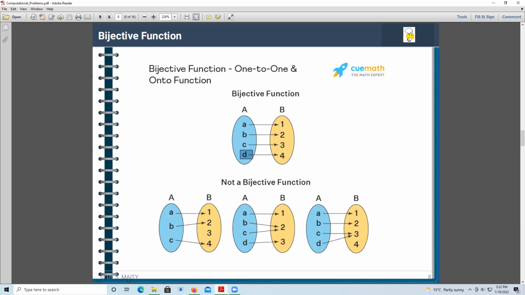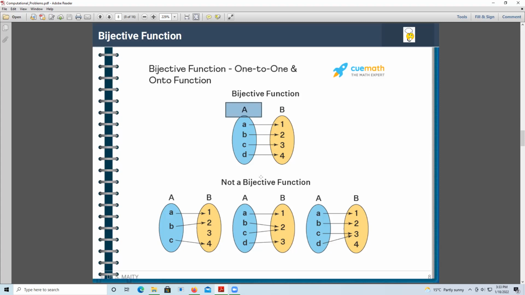That means if we make the codomain the domain, and the domain the codomain, that means if we reverse the arrows, then certainly that indicates the existence of another function.